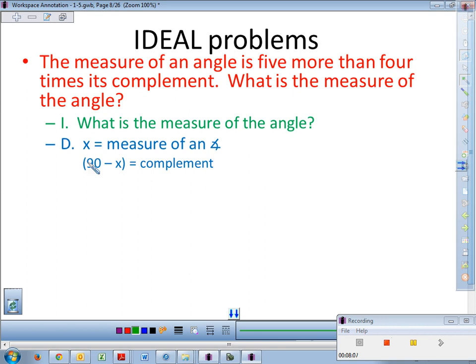Now it's time to write the equation, which is where we struggle. All we have to do is go back and reread this problem and first of all find the word is, because is where the equal sign is. Is translates mathematically to the equal symbol. So let's read this. The measure of the angle is, do you see this word? Circle it. Circle the word is.